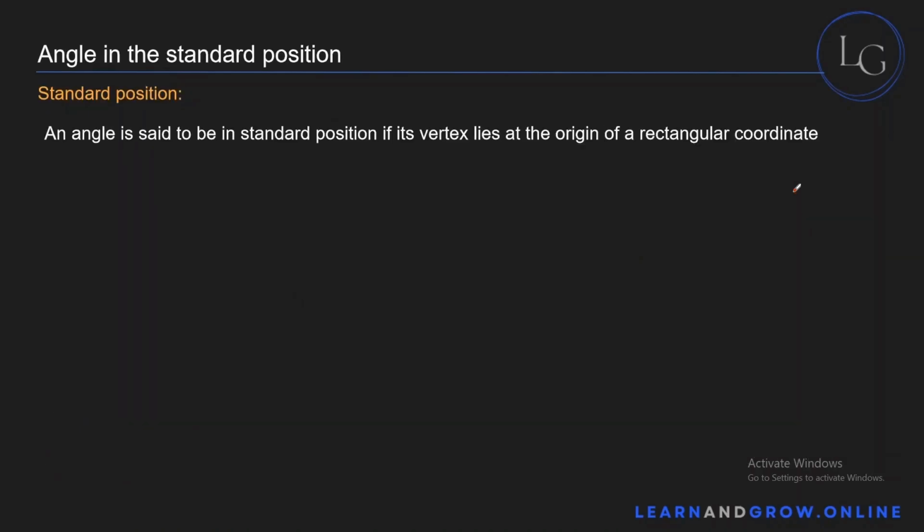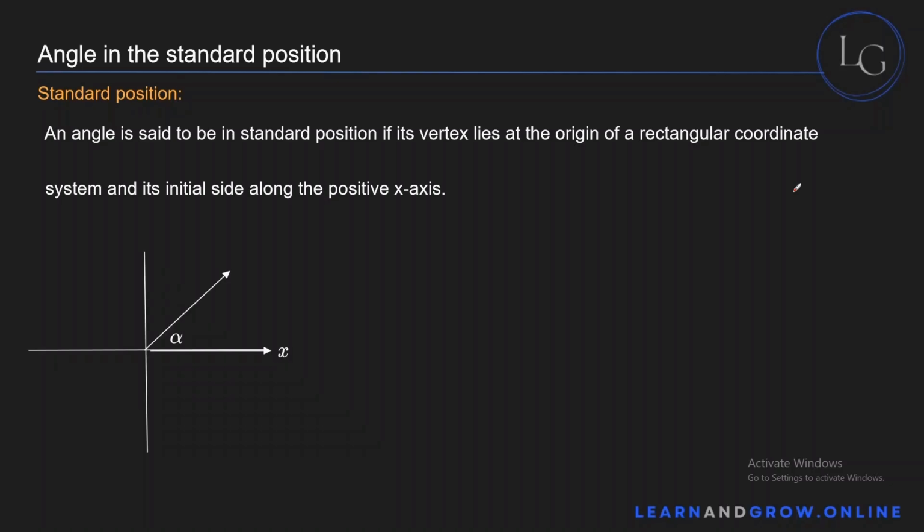So now let's see the angle in the standard position. An angle is said to be in standard position if its vertex lies at the origin of a rectangular coordinate system and its initial side is along the positive x-axis. So this positive x-axis, over here, is the initial side, and let's say this is the terminal side, and it lies in this rectangular coordinate system. Here is another example.